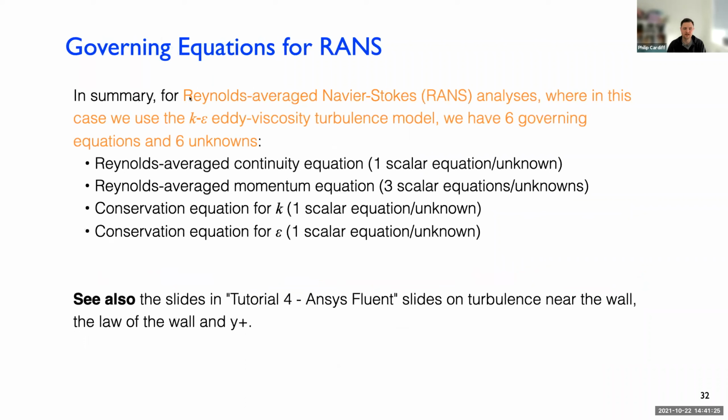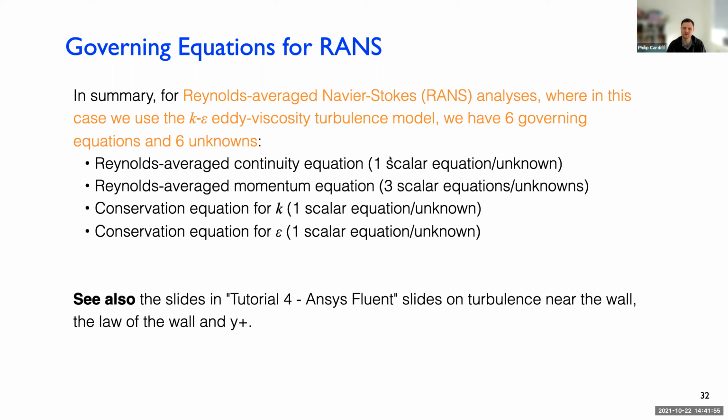Just to summarize, and this can help with some of the quizzes as well: if we were doing a RANS simulation, a Reynolds Averaged Navier-Stokes analysis, and we're using the K epsilon eddy viscosity turbulence model, then we're going to have 6 governing scalar equations and 6 unknowns, if it's 3D, that is. We have the continuity equation, which is 1 equation, and then the Reynolds averaged momentum equation, which is 3 scalar equations.